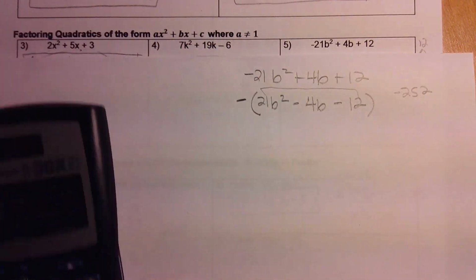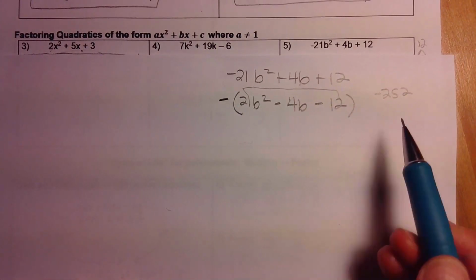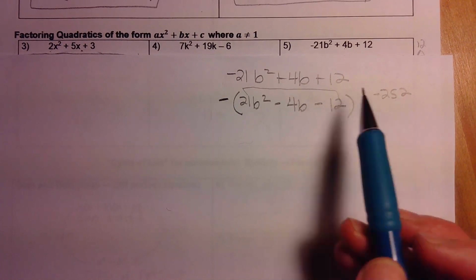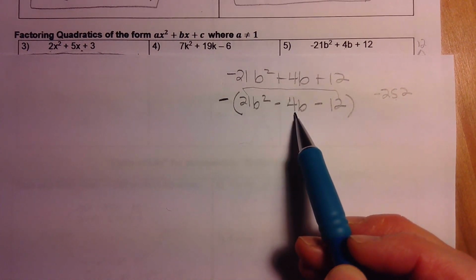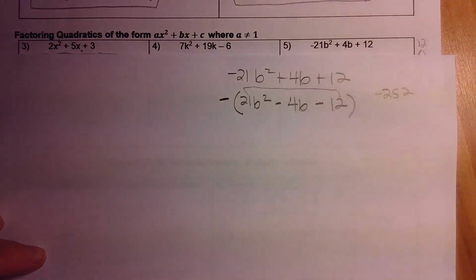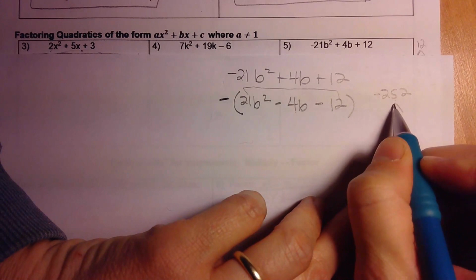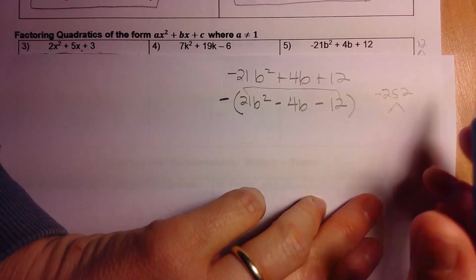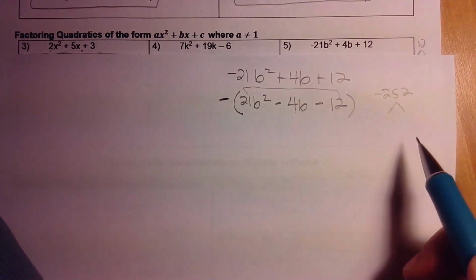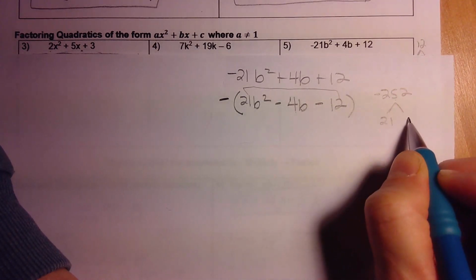So the next step becomes: what two numbers multiply to make negative 252 and add to make negative 4? And you can see that this all of a sudden doesn't become a very friendly process. Here's where I would start, because to sit here and try to go through all the factors of 252 is going to take too long. But you do know one pair of factors is 21 and 12.